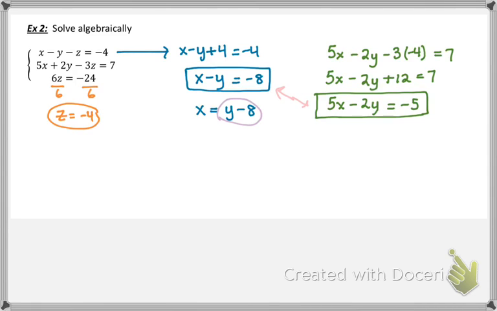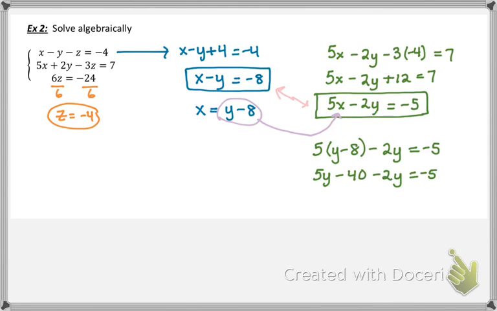I'm going to take the y minus 8 and we're going to replace the x in the second equation with that. So 5 times y minus 8, and this becomes a problem just like what you did previously. Minus 2y equals negative 5. 5y minus 40 minus 2y equals negative 5. Combine like terms. 3y minus 40 equals negative 5.